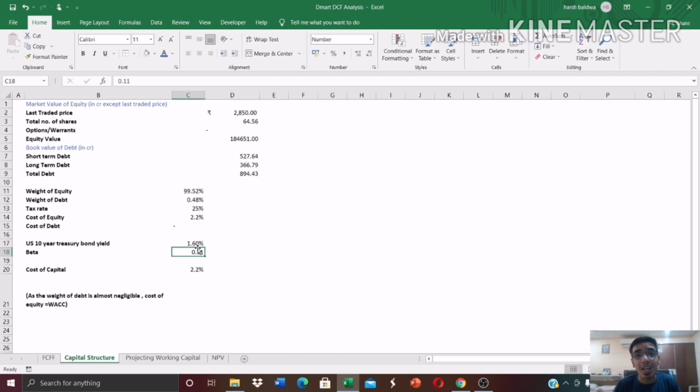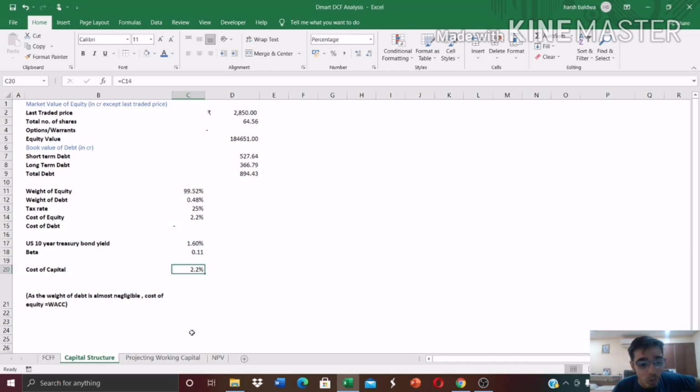The excess return that investors expect when they invest in a risky asset is known as the market risk premium. So the risk free rate plus the beta times the market risk premium, which is 5.5%, gives you the cost of equity of 2.2%. So here we find the cost of equity.